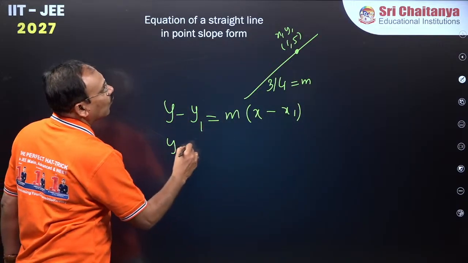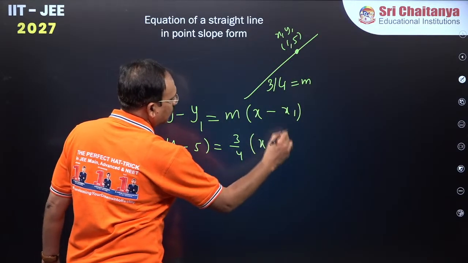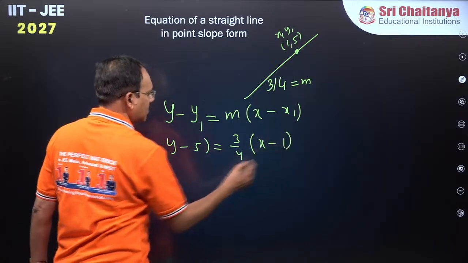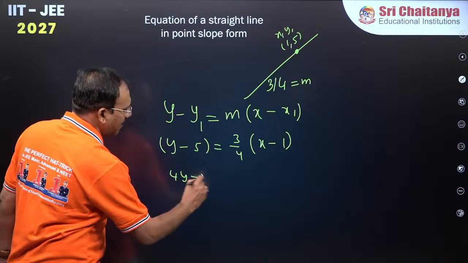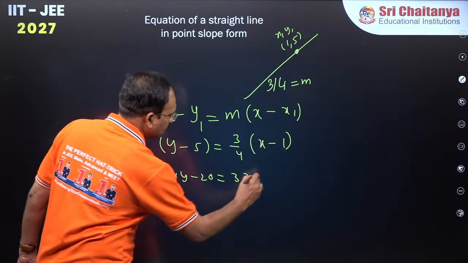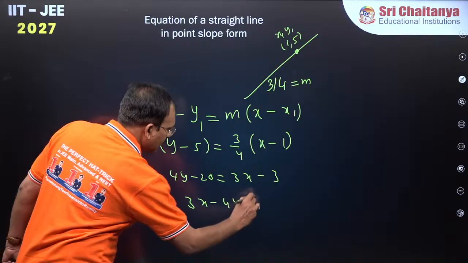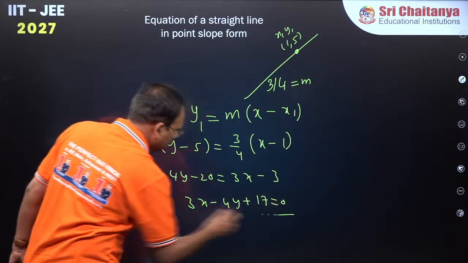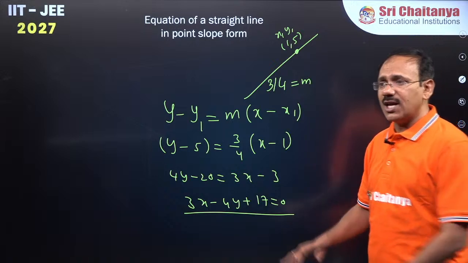That means y minus 5 is equal to 3 by 4 into (x minus 1). Multiply with 4: 4y minus 20 is equal to 3x minus 3, so 3x minus 4y plus 17 equal to 0. This is what we normally do. It's a very routine method.